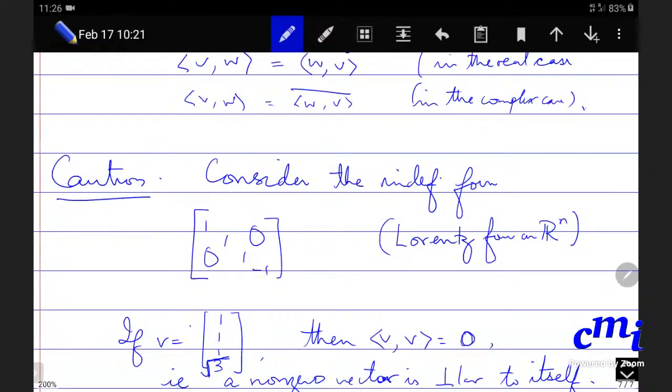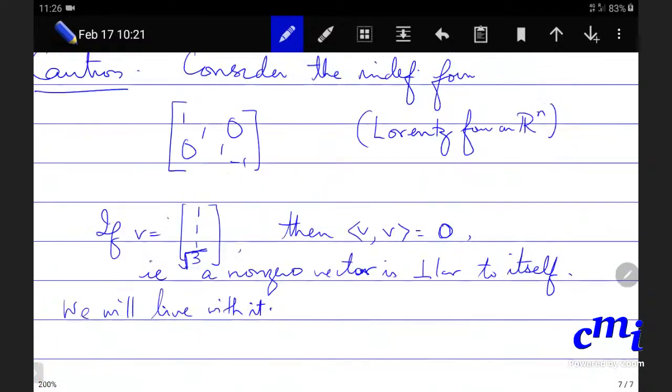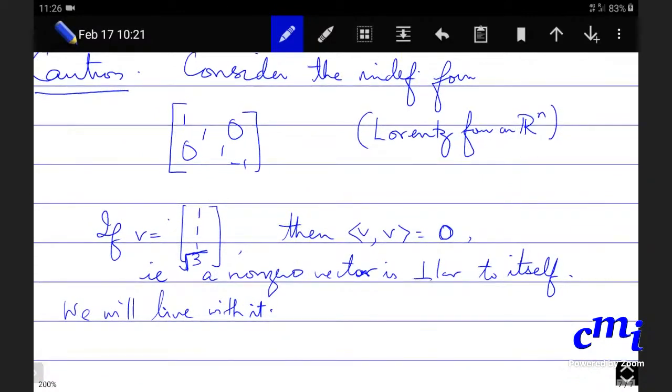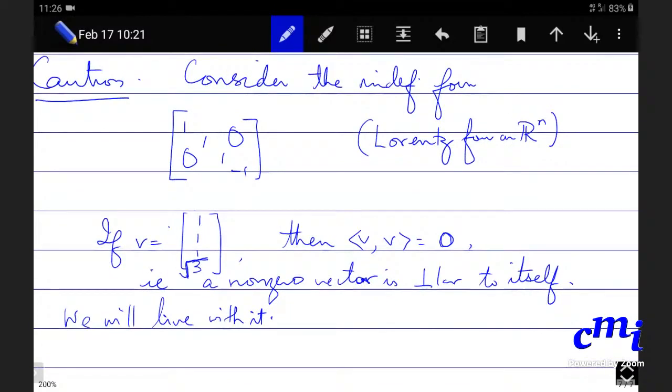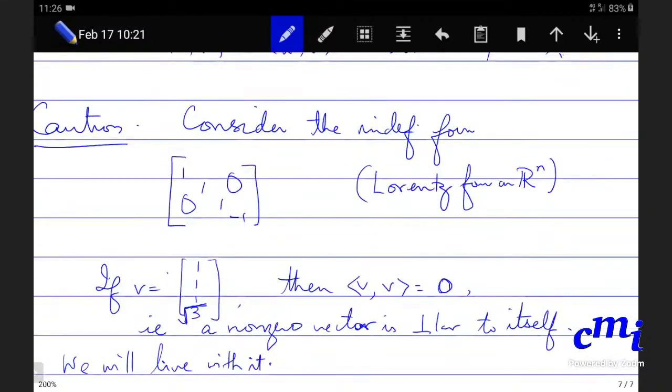So let us not worry about this issue that non-zero vectors could be orthogonal to themselves. Is the indefinite form just a name? No. Indefinite means not positive definite and not negative definite, not semi-definite in either direction.